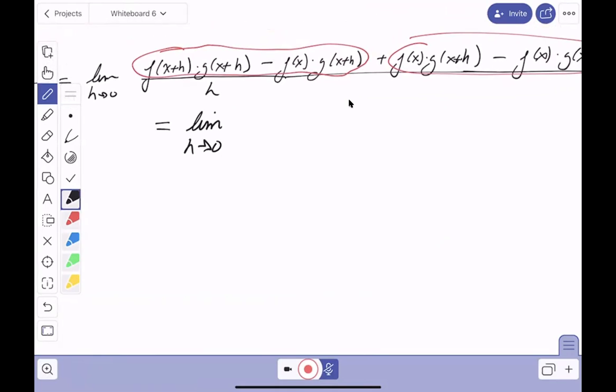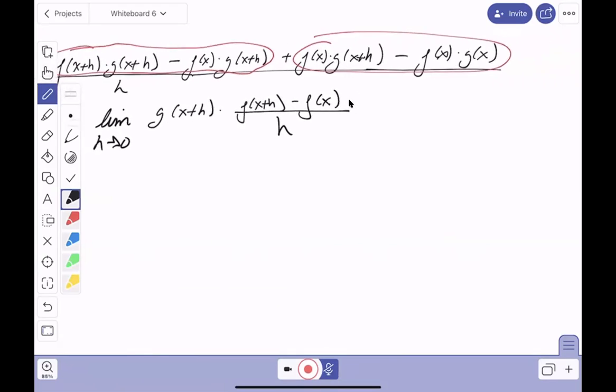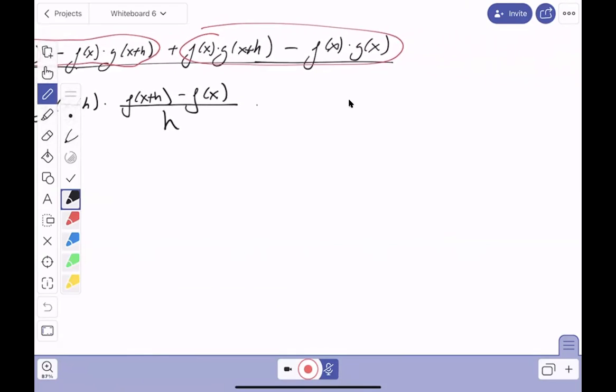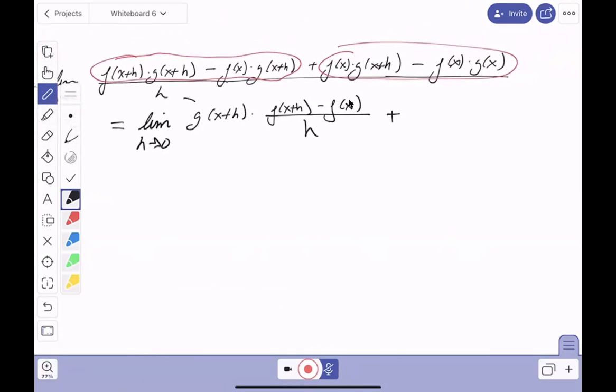Well, those first two terms, what factors out? g of x plus h. And what is left in the first two terms? f of x plus h minus f of x. This should be deja vu all over again, by the way, that you've seen me do this before. Plus, and again, this is one long limit over here, no doubt about it.